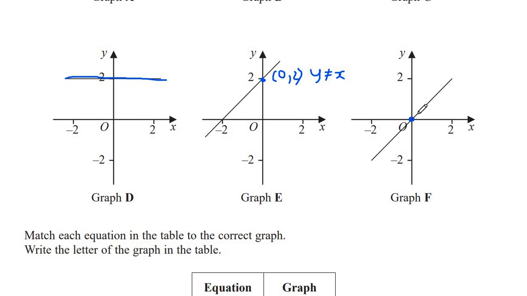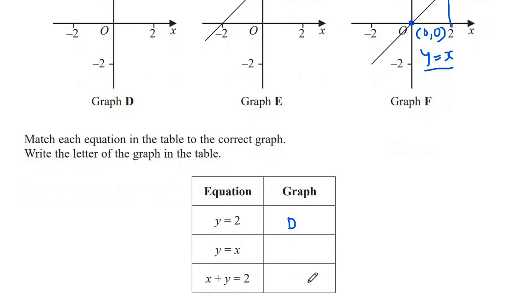This is the origin, so this line passes through the origin, which means this line has a point 0, 0, and that means that y is equal to x for this point. Let's check for another point. Let's take a point up here on the line. So again, this is a point where y is 2 and x is 2, and both y and x are equal. So I think definitely graph D is the graph for y equal to x.